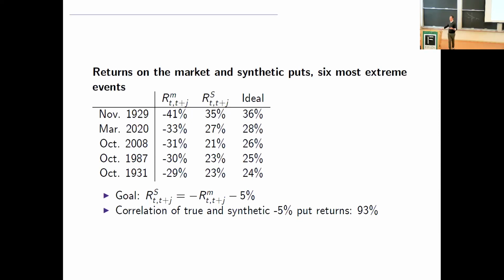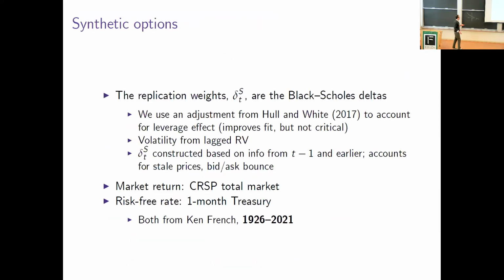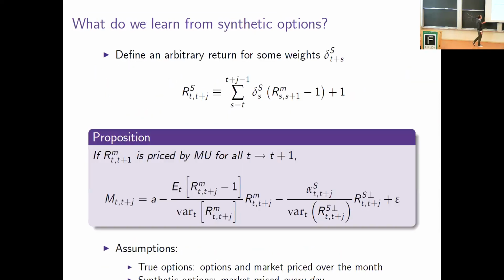One way to look at this is if you go back to the theory here, nothing in this theory actually requires that we're replicating an option. Really what I need, if I want to use a synthetic payoff to measure convexity in M, I need convexity in RS. It does not need to be exactly an option return, right? What I care about is, does this somehow isolate interesting states of the world?